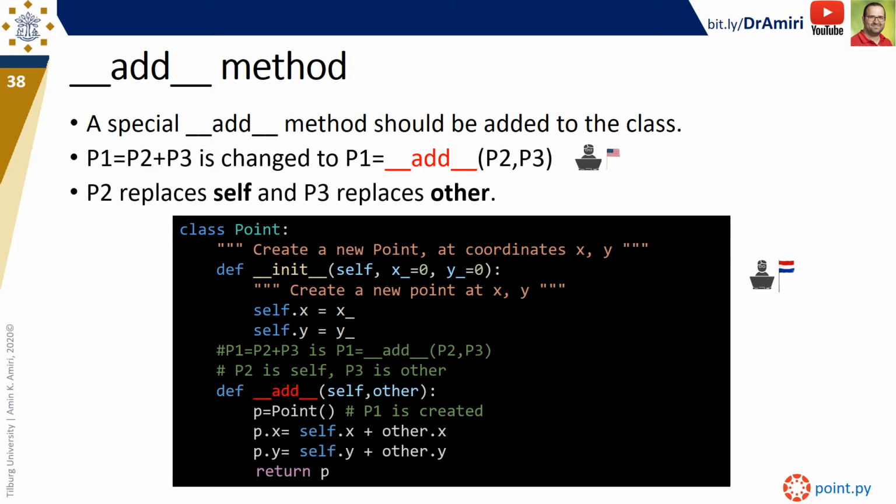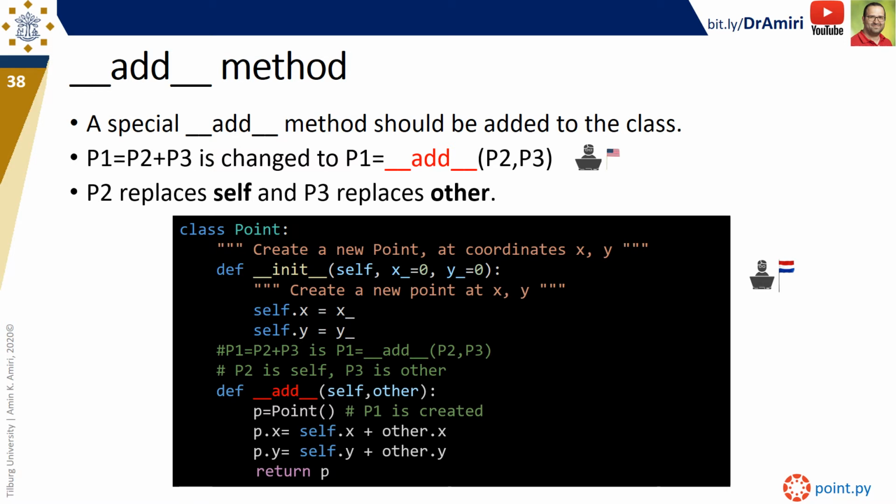So first of all, you need to specify what should be the result of this __add__. You know that it's going to be a Point, so you need to create an instance of Point. You do that with p equal to Point with capital P and parentheses.